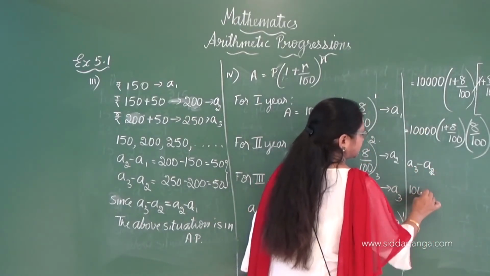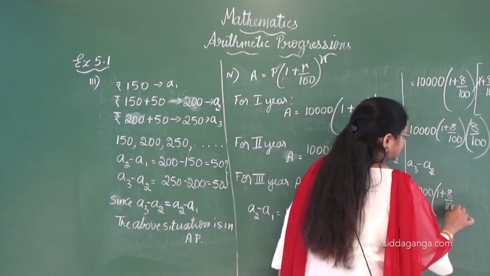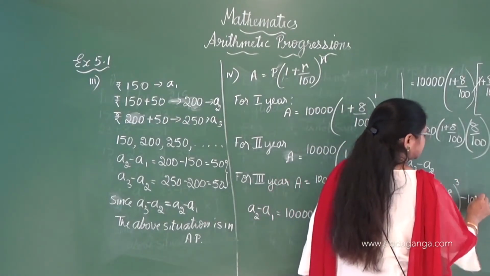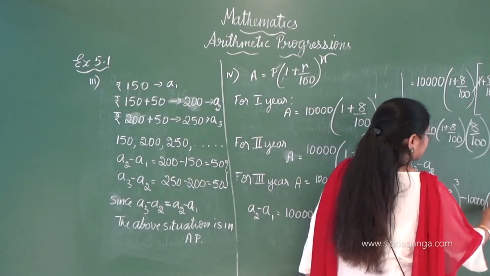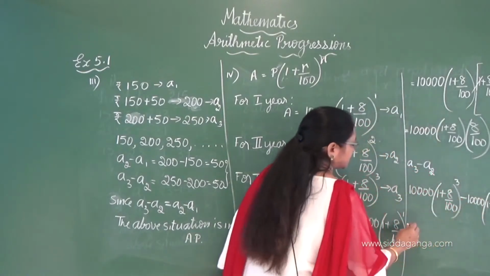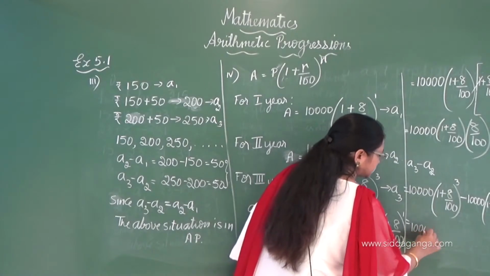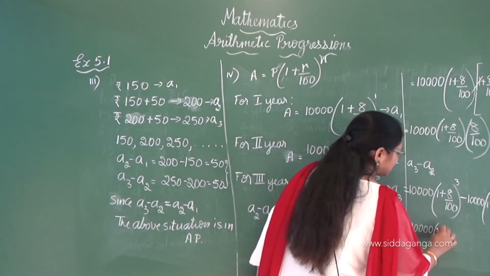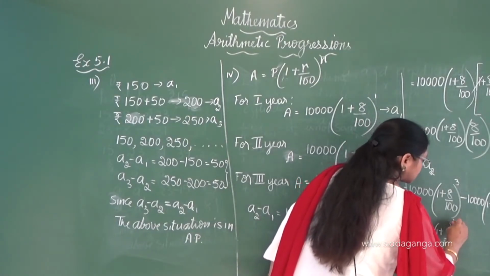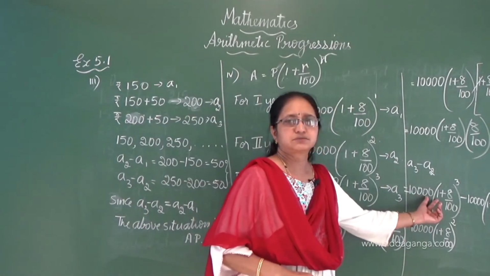Now A3 we know is 10,000 into (1 + 8/100) to the power of 3, minus 10,000 (1 + 8/100) to the power of 2. Now here, if you take 10,000 into (1 + 8/100) to the power of 2 common, see here 10,000.